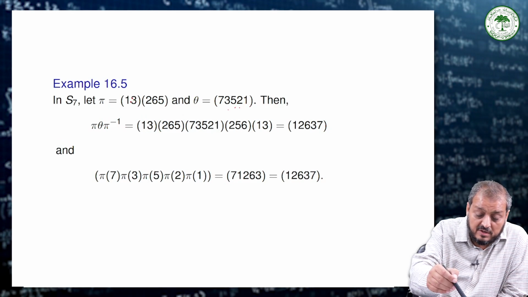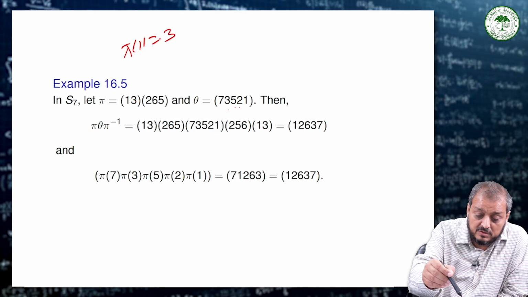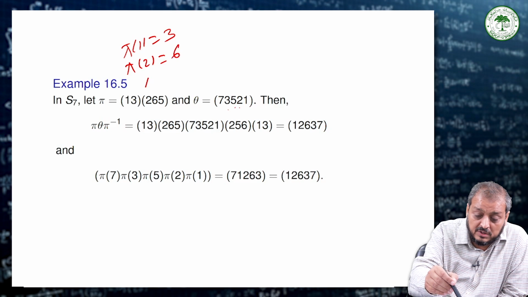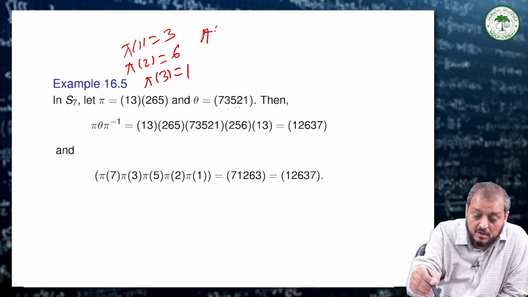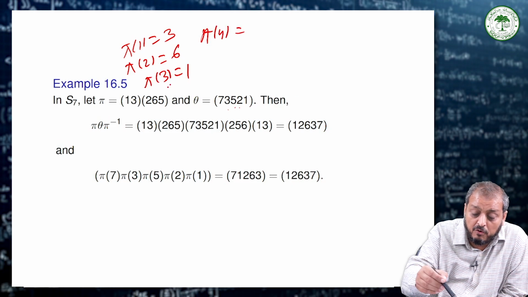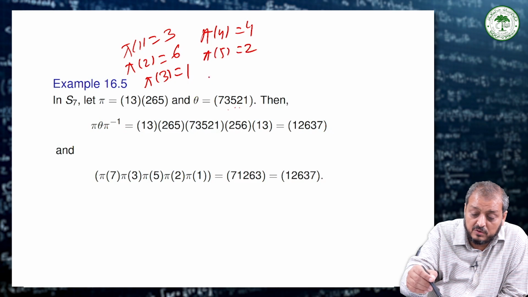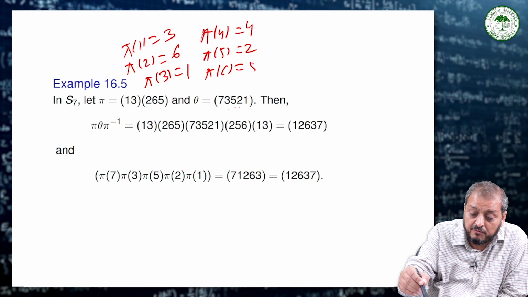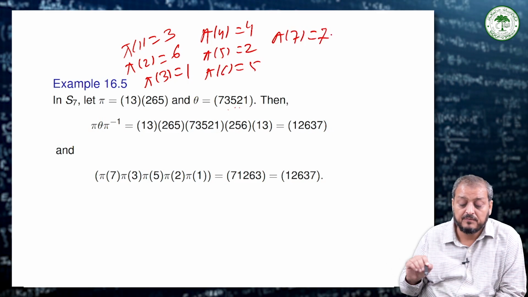Here we have pi of 1 is equal to 3, pi of 2 is equal to 6, pi of 3 is equal to 1, pi of 4 is equal to 4, pi of 5 is equal to 2, pi of 6 is equal to 5, pi of 7 is equal to 7.